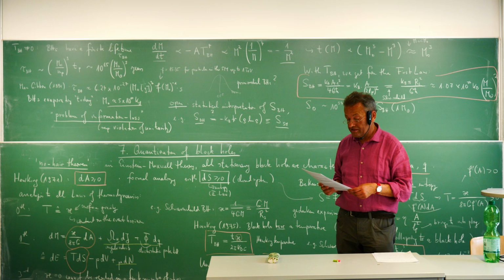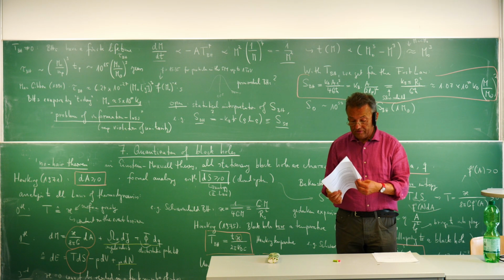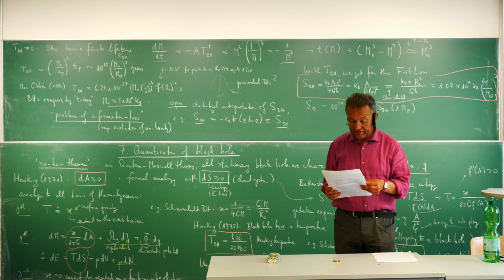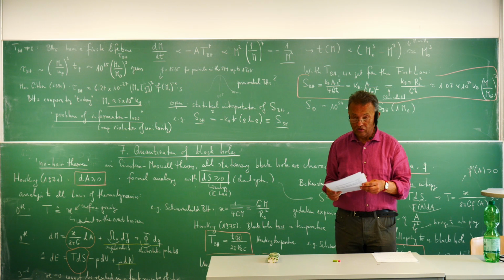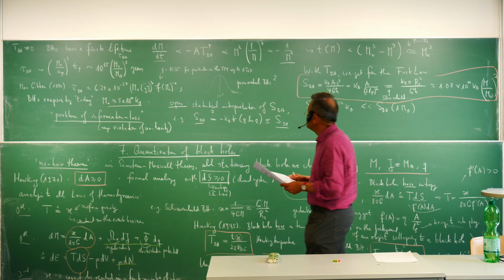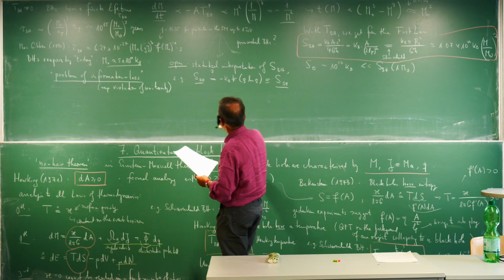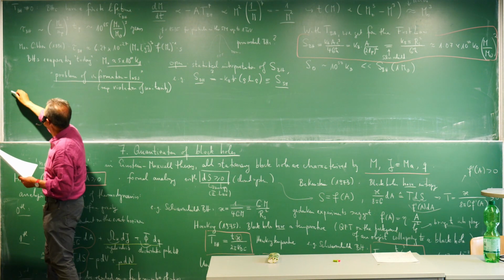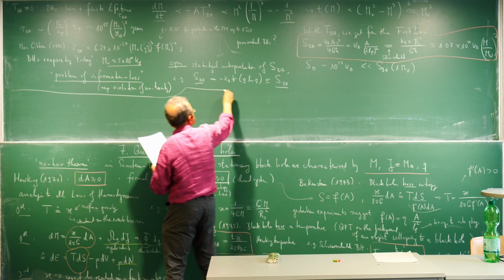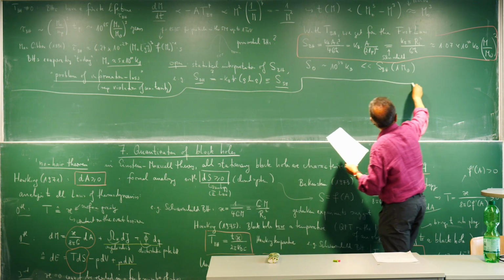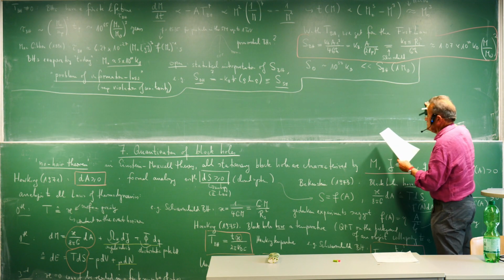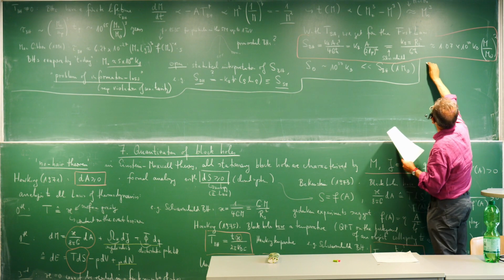I will instead tell you some applications from the usual canonical gravity and also from loop quantum gravity. So, I think I can still use that space. So, okay, canonical quantization.